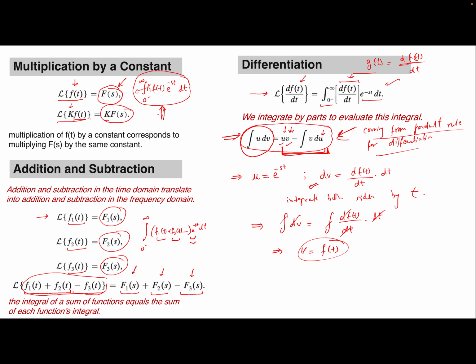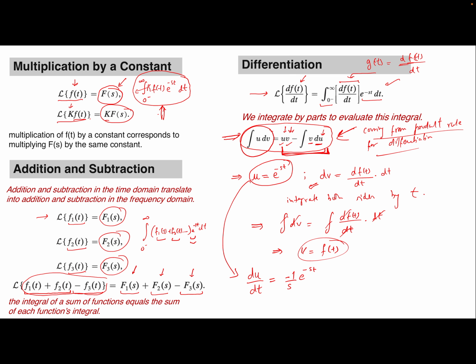Cool. So I got v. Now let's find du. And u is here, so I am going to take the derivative of this function with respect to t. So du by dt comes out to be minus 1 over s e raised to power minus st. Oh, sorry, not minus 1 over s.